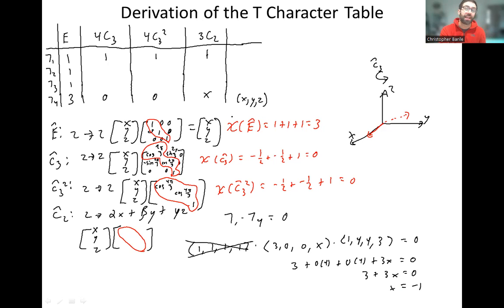And indeed, that's the answer that we got when we visualized this same symmetry class in this operation for the TD point group, see the TD derivation videos. But anyway, this was a much quicker way. We could do this in this case because it was the last one we were trying to figure out. So we figure out that that's negative 1.